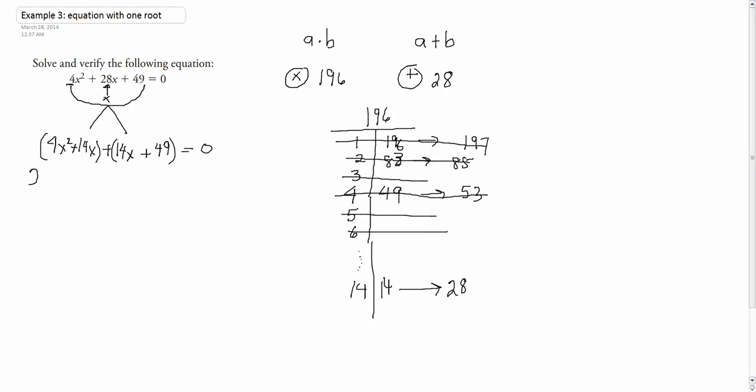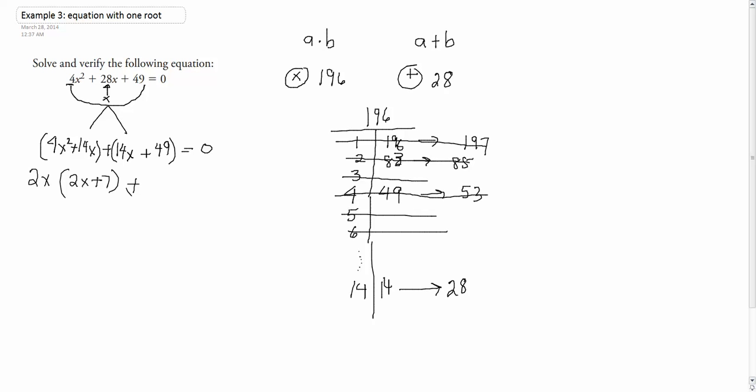Our greatest common factor is 2x, and when we factor the 2x out, we're left with 2x plus 7. Then we make sure we bring this addition symbol down. We're adding these two, and we have 14x plus 49.